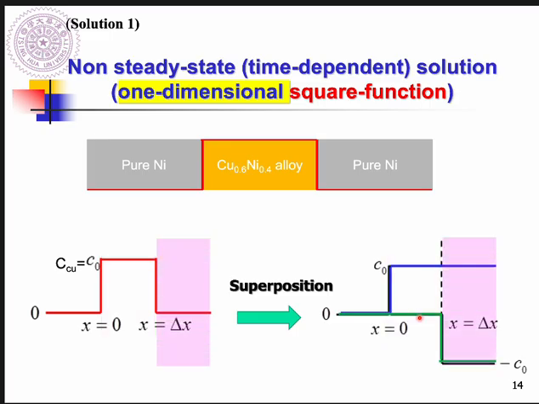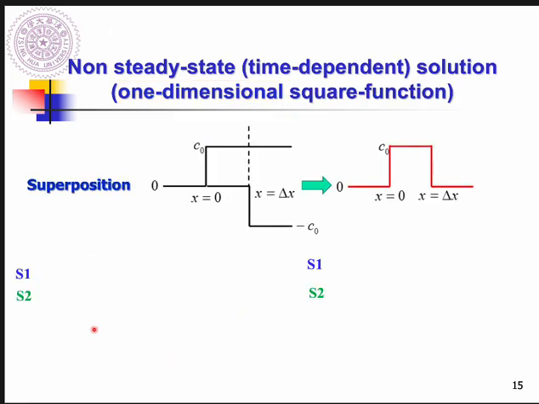And on your right-hand side, we have C0 plus negative C0, we get 0, and also 0 here. So it turns out I can use these two step functions to form this one square function. Based on this concept, we can get the corresponding solutions.